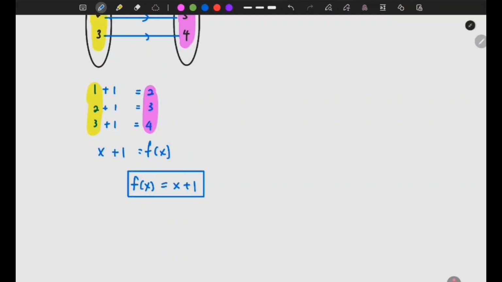Sometimes we can represent a function equation like this, or we also can use a ratio method. Yes, a ratio method is also used. This is another way that they represent it: f maps to x, and then the x you plus 1. That's another way that they can represent it.